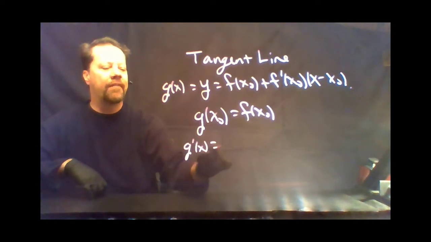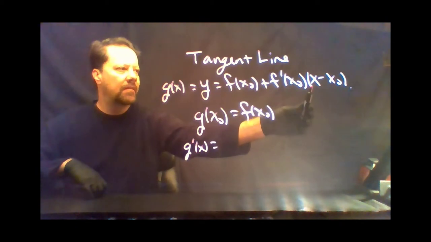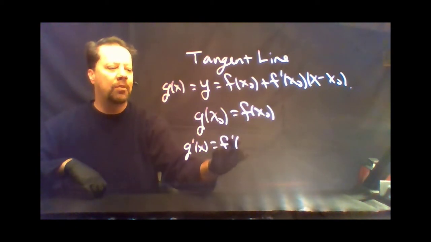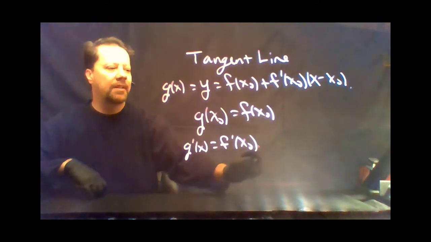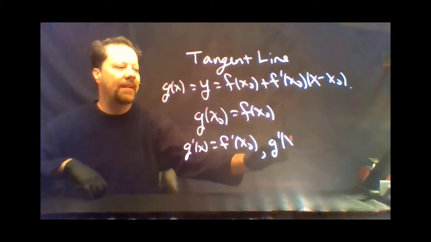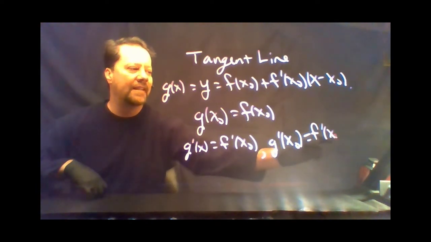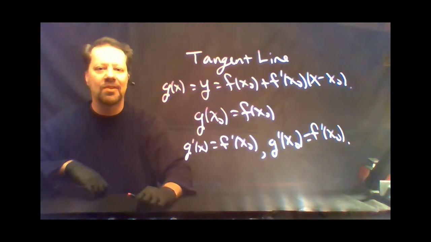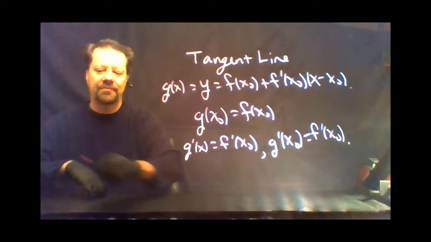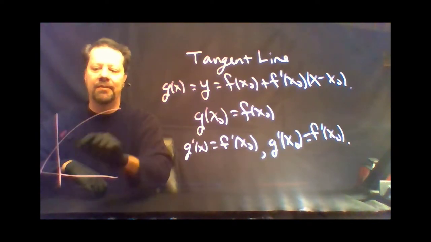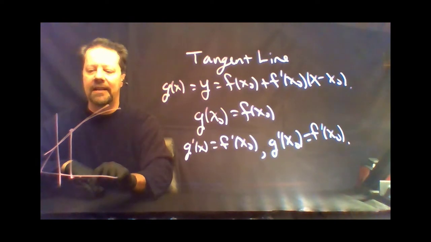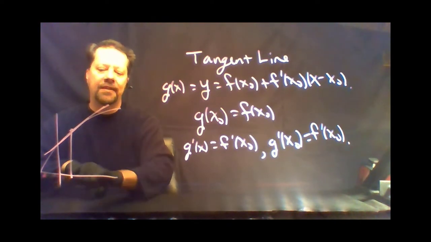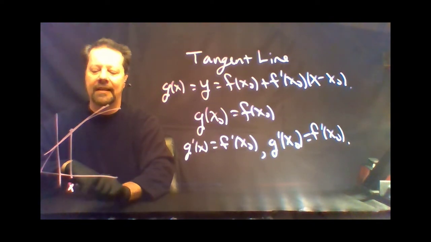Also, the derivative of this function g, the derivative of x being 1, will be the constant f prime at x naught, which means that g prime at x naught equals f prime at x naught. We could say that the tangent line is the unique polynomial of degree 1 that has the same function value and the same slope as the function f, clearly seen by the picture that we drew earlier. The same height and the same slope as the function f at a particular point x naught.